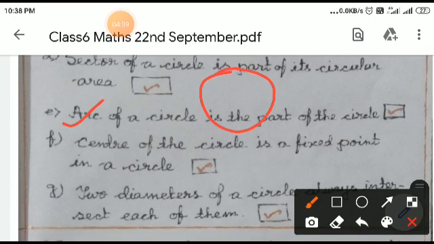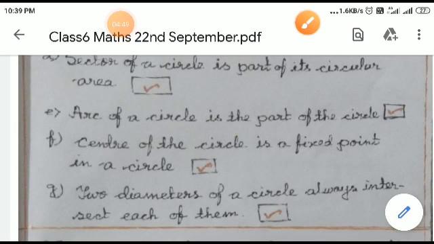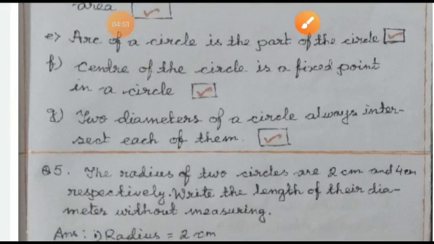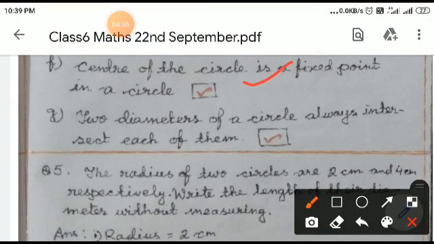Yes, arc is the part of the circle. Number F, center of the circle is a fixed point in a circle. Yes, the center is the fixed point in a circle. So it is right. Two diameters of a circle always intersect each other. Yes, it is also right.